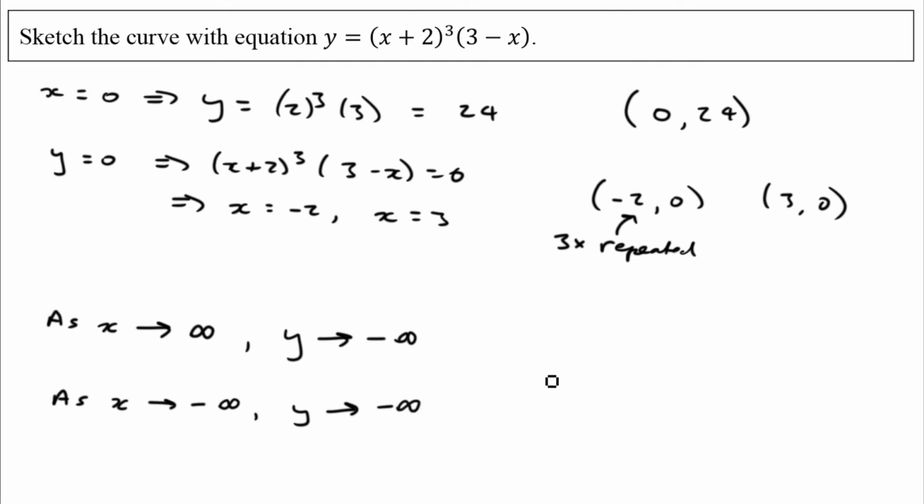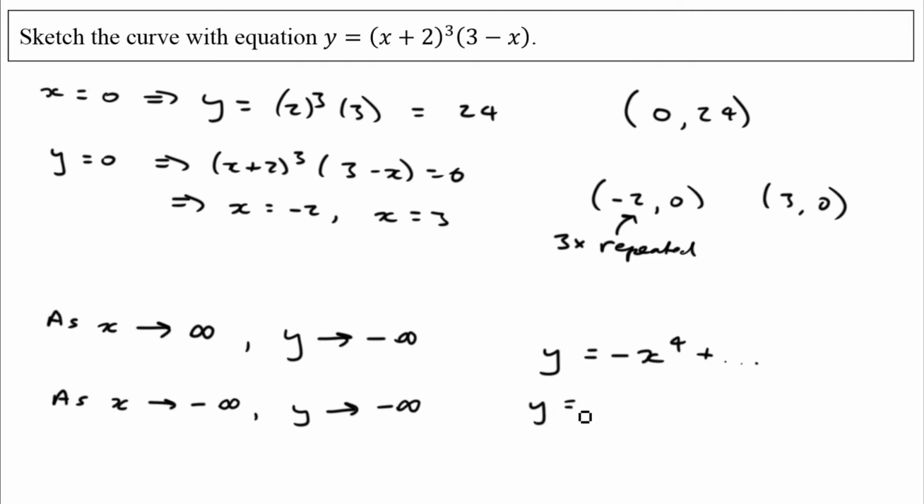It may be clear by this point that the only thing we have to do to work out the behavior of the curve as x tends to plus or minus infinity is to look at the coefficient of x to the 4. If we expanded all of this out, we would get a curve that began y is negative x to the 4 and then some more pieces. It's the coefficient of x to the 4 that matters.